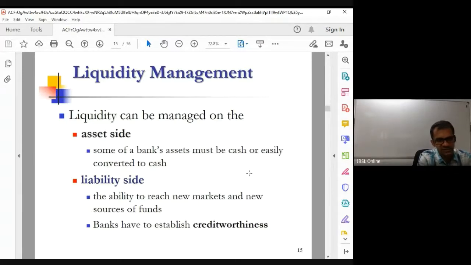What is the return on cash? You don't get any return on cash. With the most liquid assets, treasury bills and very short-term products, you get very low interest income. So you forego some interest income when you manage liquidity through the asset side.